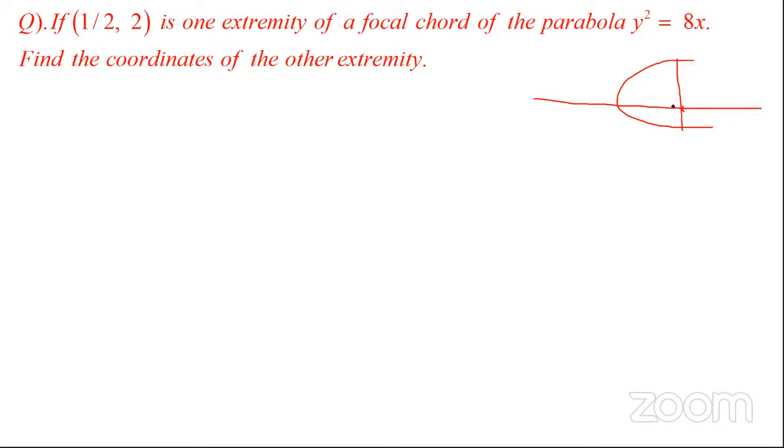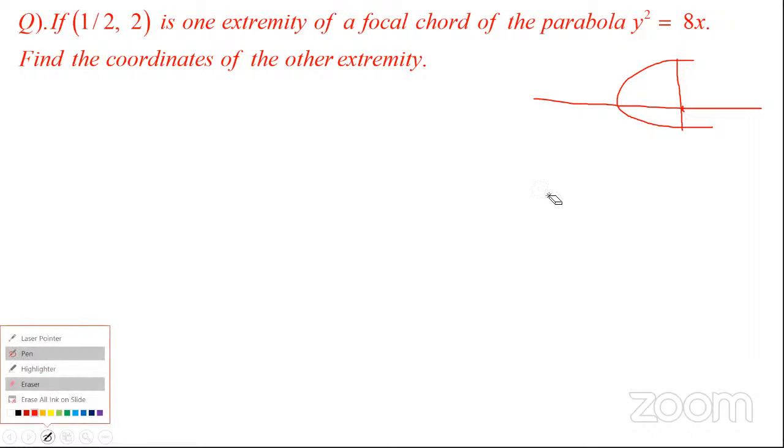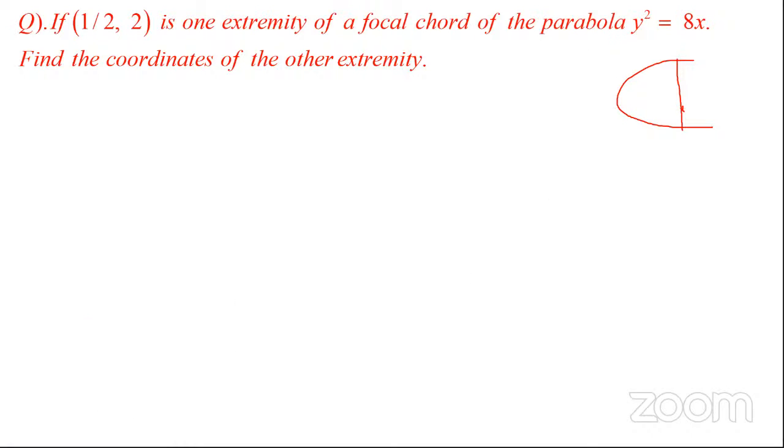He gave a point, I'm taking this as P, and this is Q. This point is S, the focus. So a chord is passing through the focus, and one extremity is given, and we have to find the other extremity.